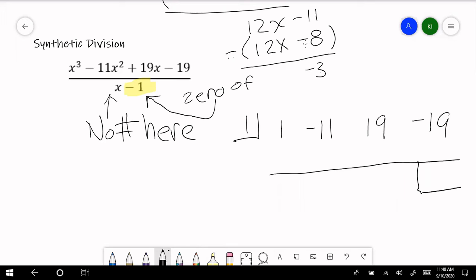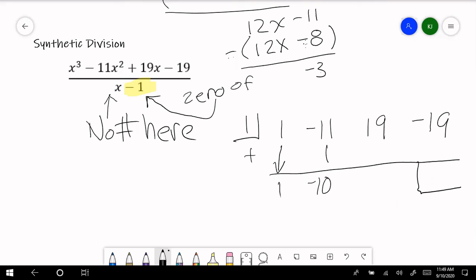So now here's the trick. You bring the first one down. Then you multiply it by what's in the box. So 1 times 1 is 1. I'm going to put it under the next number, and I'm going to add them. -11 plus 1 is -10.